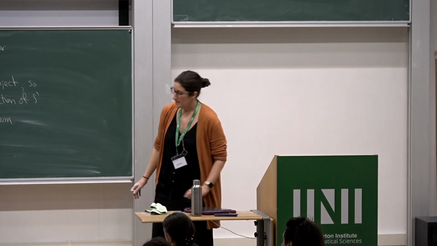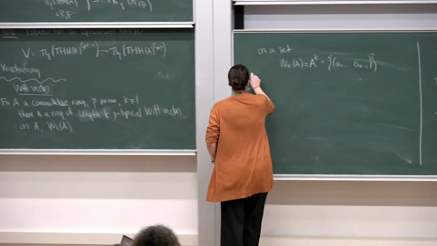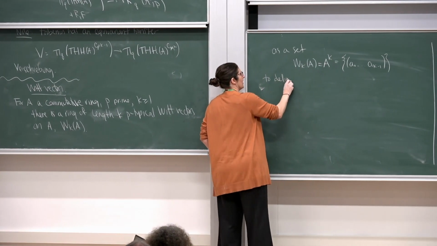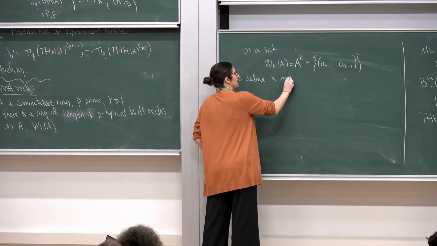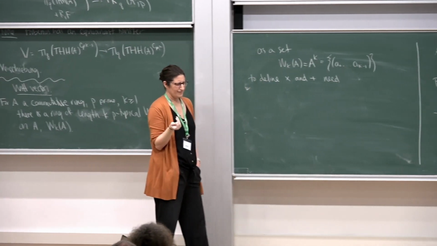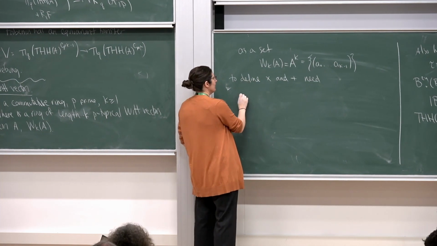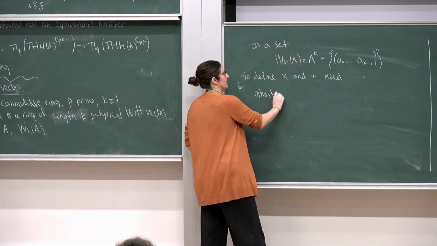So to define the multiplication and addition, we need to define something else first. This is going to feel like a detour if you haven't seen this before, but it's just how it goes. So we need to define what's called the ghost map.